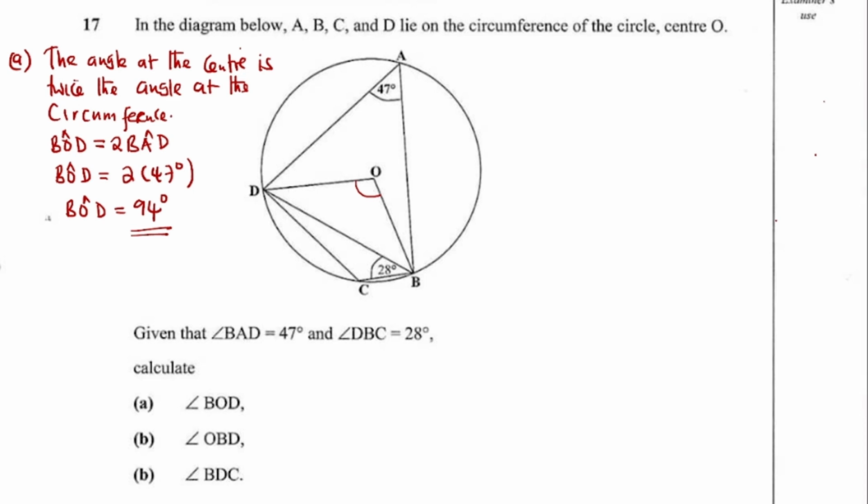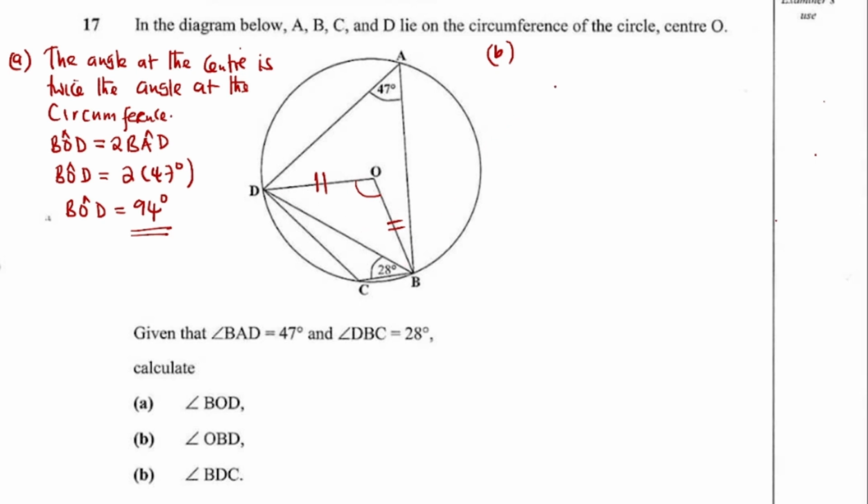The next angle is angle OBD. Now kindly take note that the distance from O to D, that is the radius, the distance also from O to B, that is the radius, that makes these two distances to be equal.